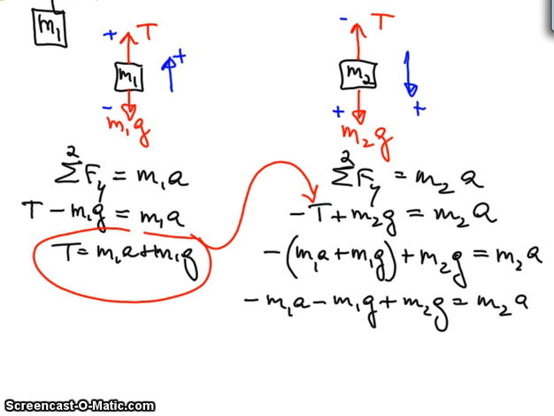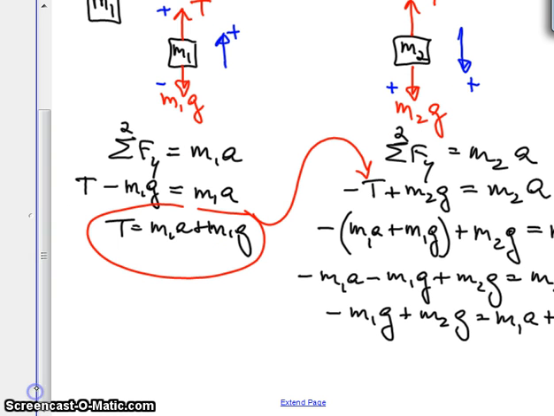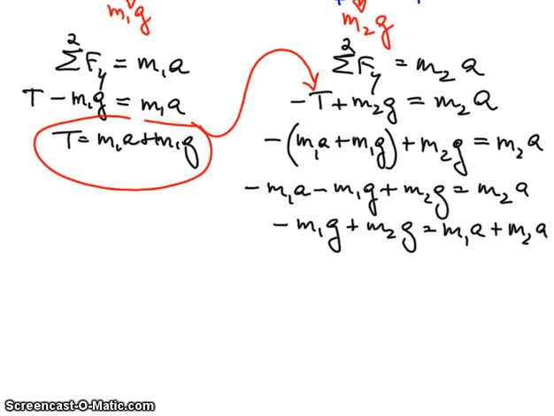And now we want to collect the A's to one side of the equation because we want to solve for acceleration. So we have to collect like terms. I'm going to add M1A to both sides so that we end up with minus M1G plus M2G equals M1A plus M2A. And now we see a pattern very similar to what we saw in the first example.